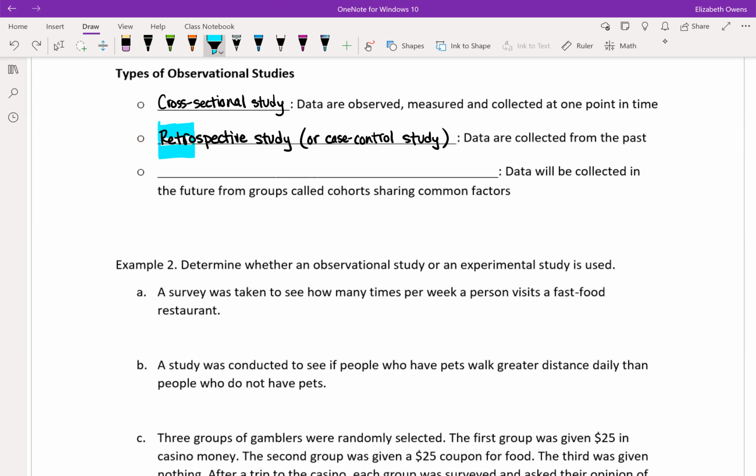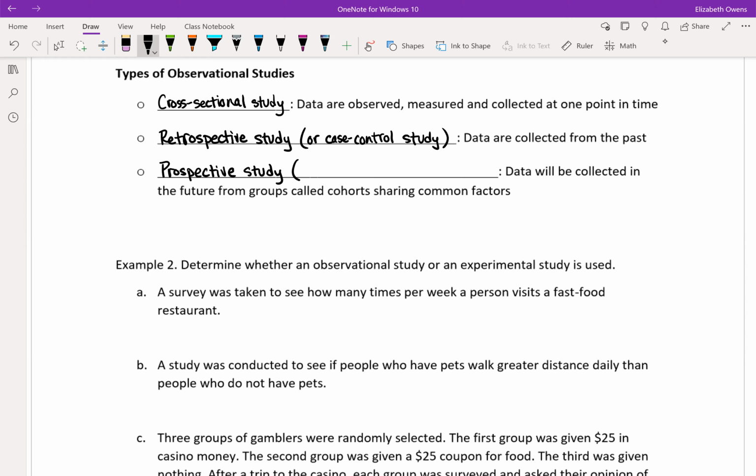See right there, the word retro, it's like throwback data. So in a retrospective study, data are collected from the past. Something has already happened, and we are using that data, writing down observations maybe from past events and using those in our study.